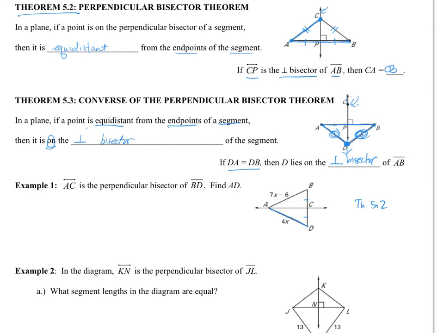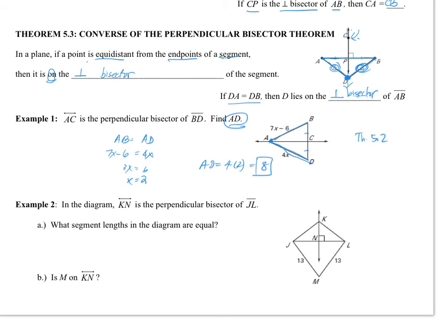So then we can conclude that from point A, AB is equal to AD by theorem 5.2. So I can take 7x minus 6 equal to 4x. And this would be x equal to 2. And since we want to know the length of AD, we need to take 4 and multiply by 2 to get 8.